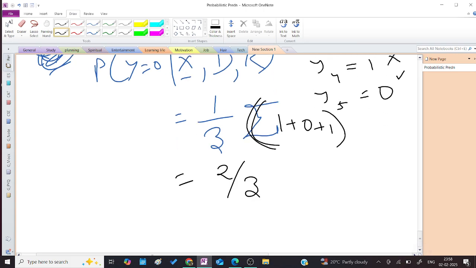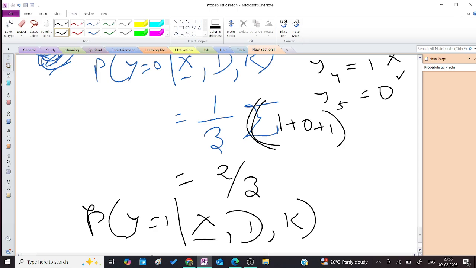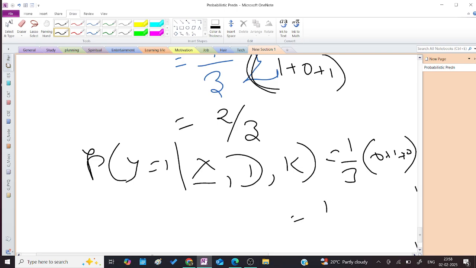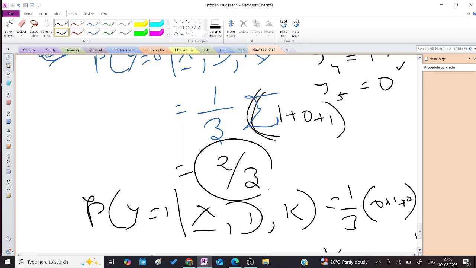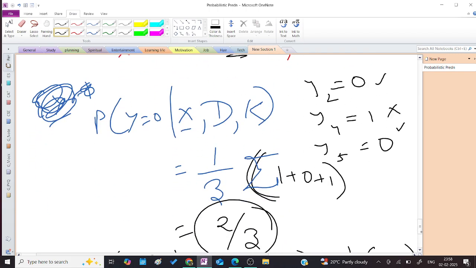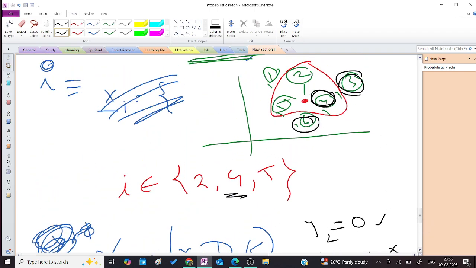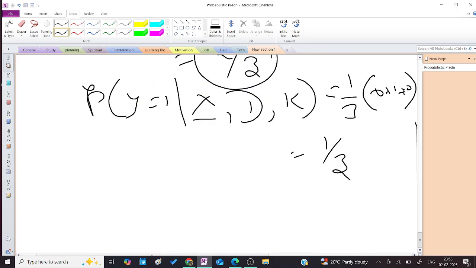Similarly, if you do for y equals 1, it will be 1/3 times 0 plus 1 plus 0, which equals 1/3. So argmax will be this one, and y equals 0 will be selected. So we can say that this point is green based on k equals 3. Okay.